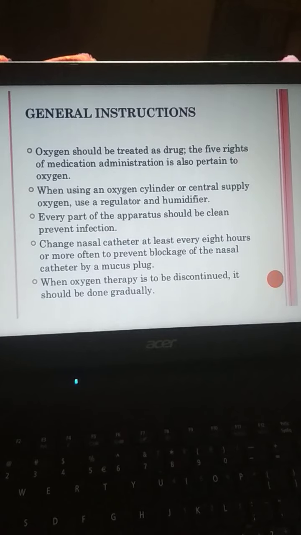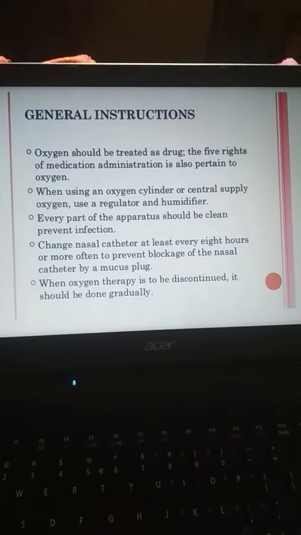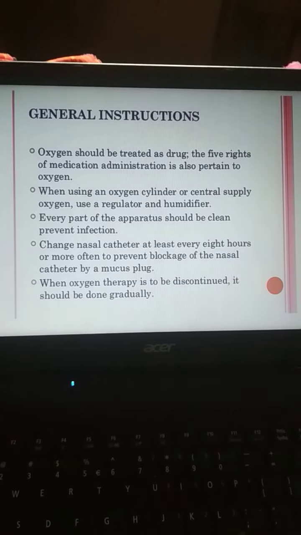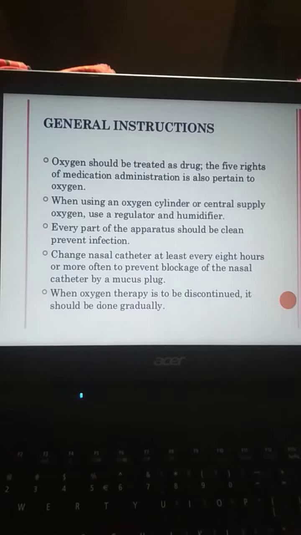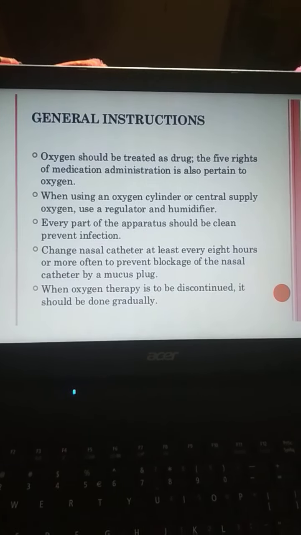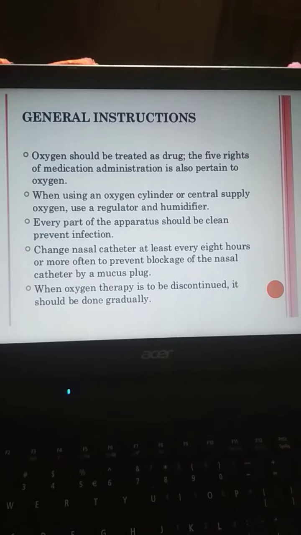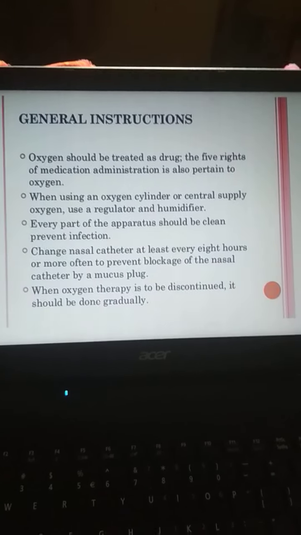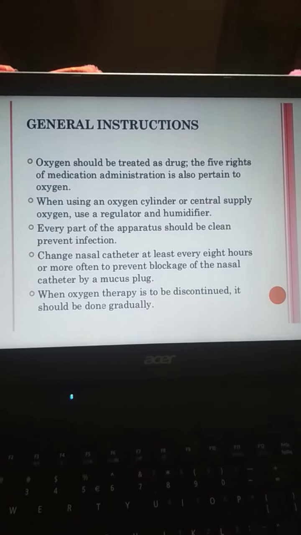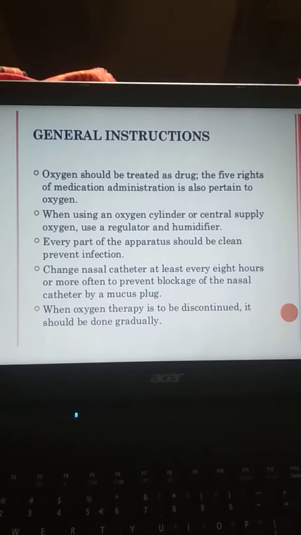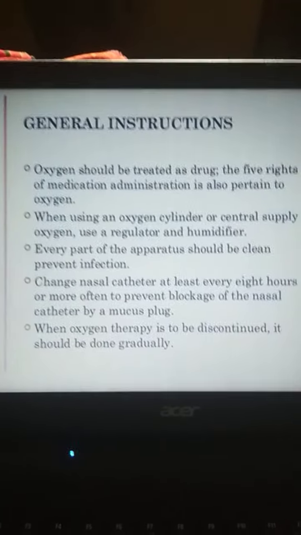Then there are some general instructions which we have to keep in mind while performing the procedure of oxygen administration. So first of all, oxygen should be treated as a drug. The 5 rights of medication administration also pertain to oxygen. When using an oxygen cylinder or central supply, use a regulator and humidifier.